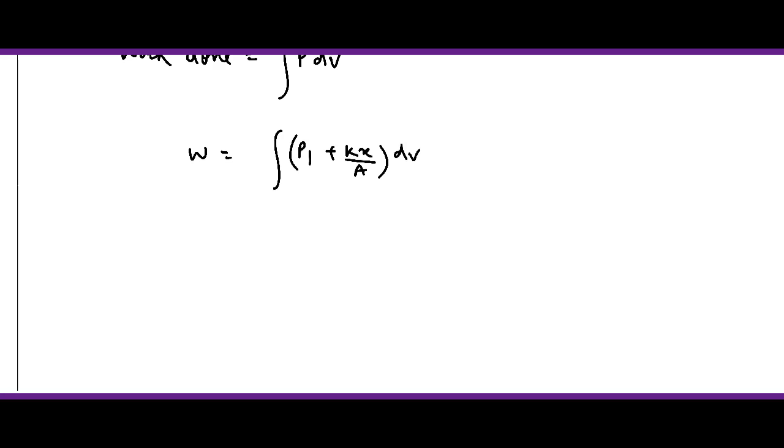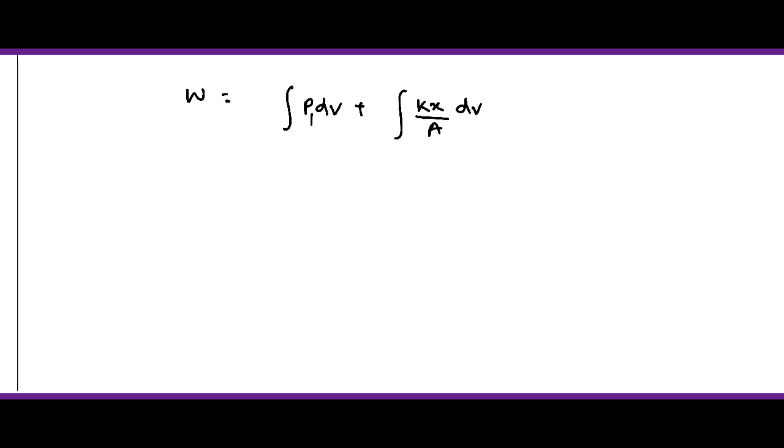Now I can write this also as PdV, okay, plus integration of Kx upon A dV. Simple. Now I know that my volume is equal to area into X, so I can write dV equals A dx.